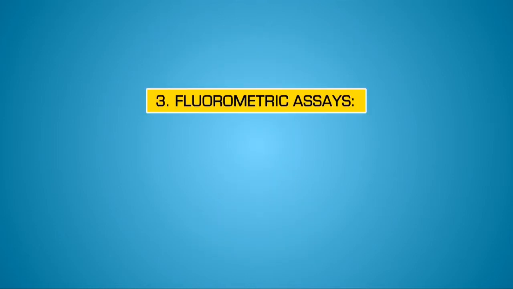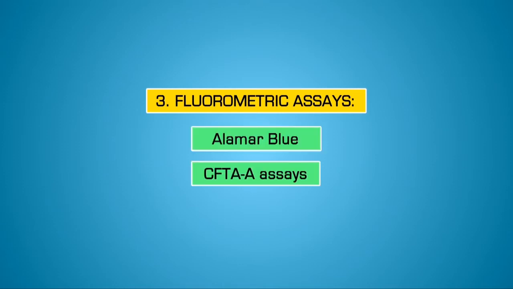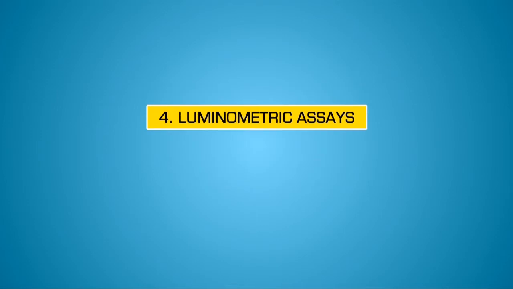The third type, the fluorometric assays, uses LMR blue and CFTA-A assays. The fourth type, known as the luminometric assays, uses ATP assays.